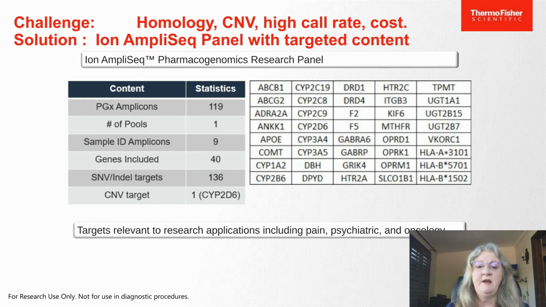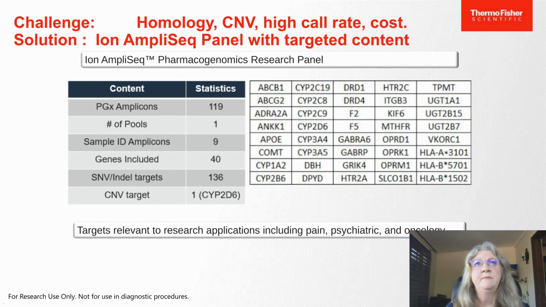This is the Ion AmpliSeq Pharmacogenomics Research Panel. This panel contains 119 amplicons in one pool. It also has 9 sample ID amplicons. It includes targets in 40 different genes with 136 total SNP and indel targets.